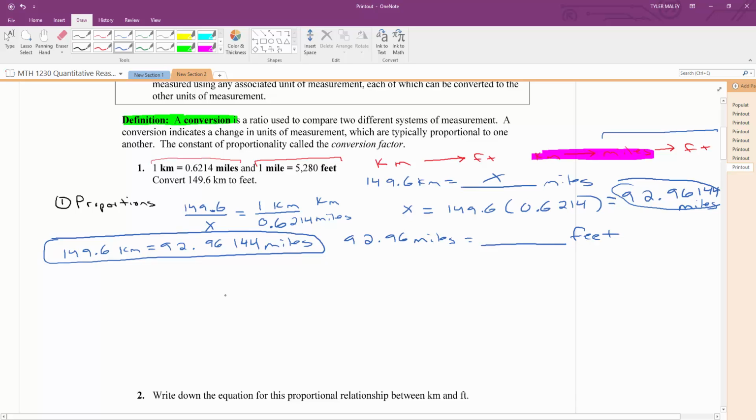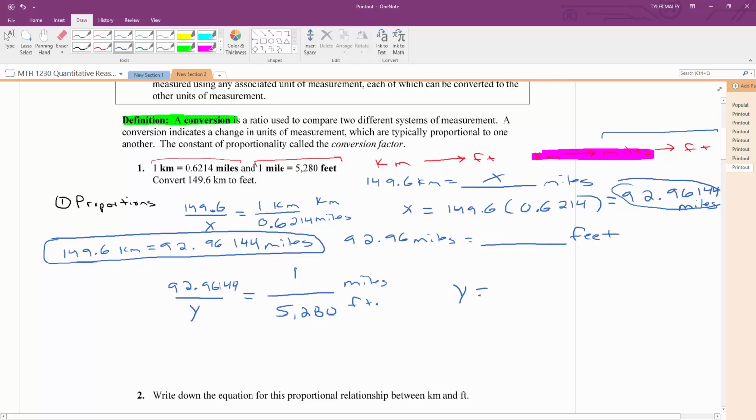So now I need to do another proportion. We're going from miles to feet, and the connection that I know is that 1 mile is 5,280 feet. The 92 number is in miles, so that's going to go on the top: 92.96144, and I'll use a different variable here, y.